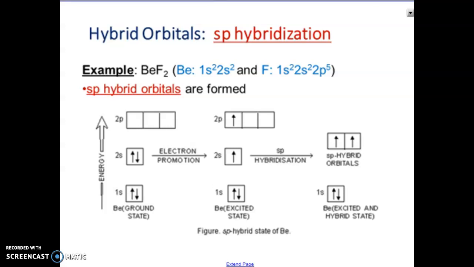Okay, so then the last type of hybridization that you're going to need to know is called an sp hybridization. So this is now where you're going to have 2 electrons that are going to be blended into a hybrid. So one example here will be BeF2.